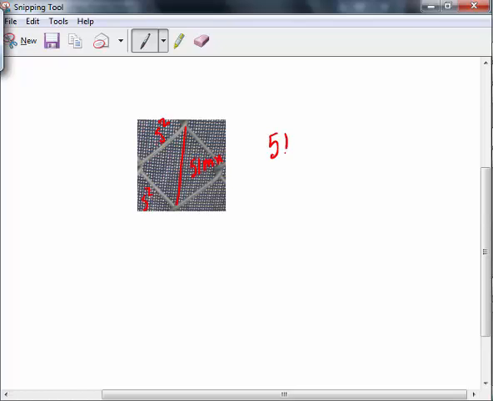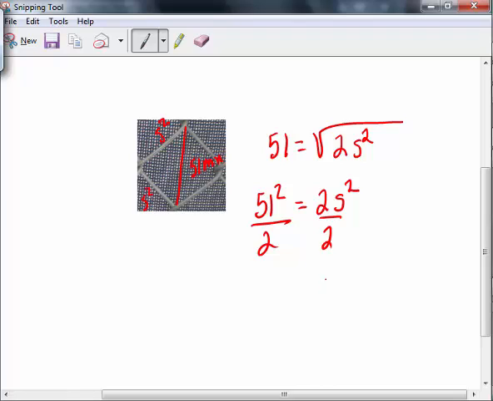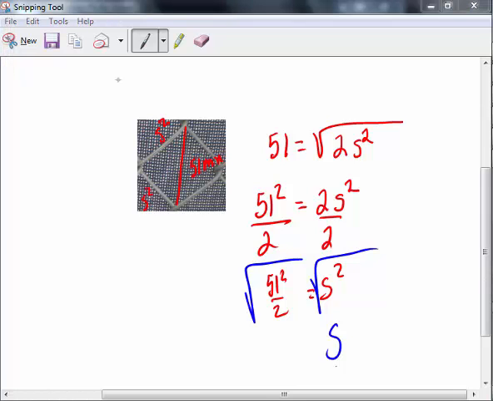Or in other words, 51 is the square root of 2 sides squared. Square both sides, you get 51 squared is 2 sides squared. Divide both sides by 2, you get the side squared is 51 squared over 2. And then finally, we're going to take the square root of both sides, and we get the side is the square root of 51 squared over 2.